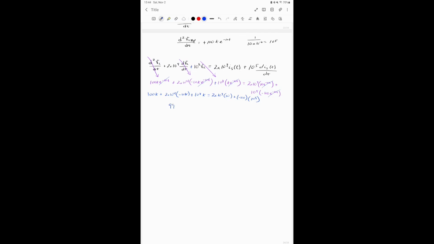So that number is correct, 998,001,00. And that is equal to this, which is 2 times 10 to the 9th times 10 plus negative 100 times 10 raised to the 5th.